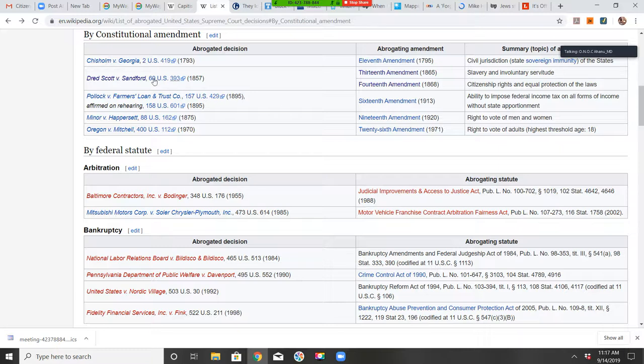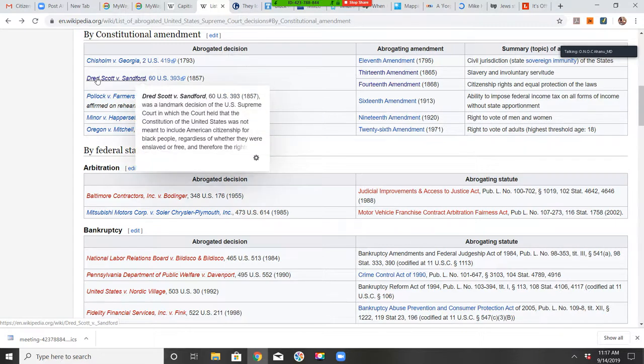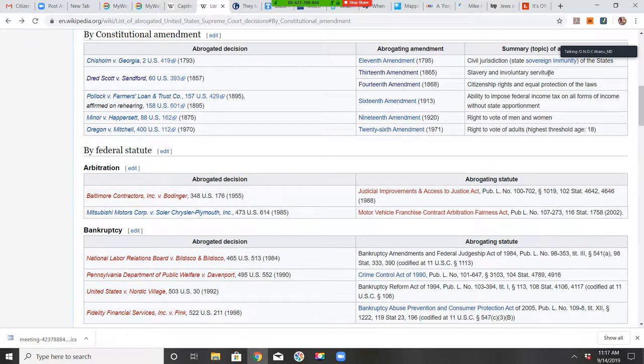So the part of Dred Scott that changed with the 13th being passed is that you can't make a slave. Now they have to make themselves. You can't just go pick up somebody and make them your slave now. They have to voluntarily become a slave. Voluntary servitude. And how do you do that? Commit a crime. So that was one part of Dred Scott that changed.